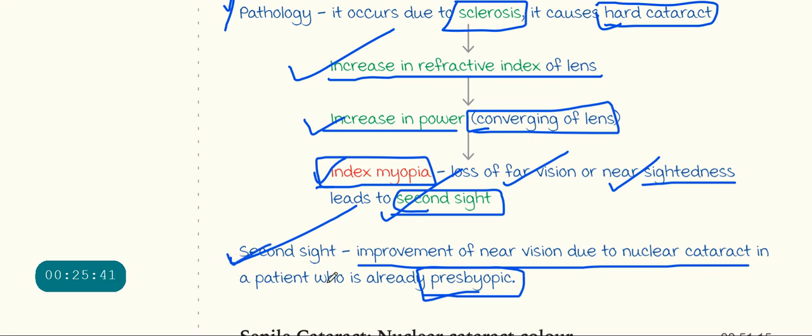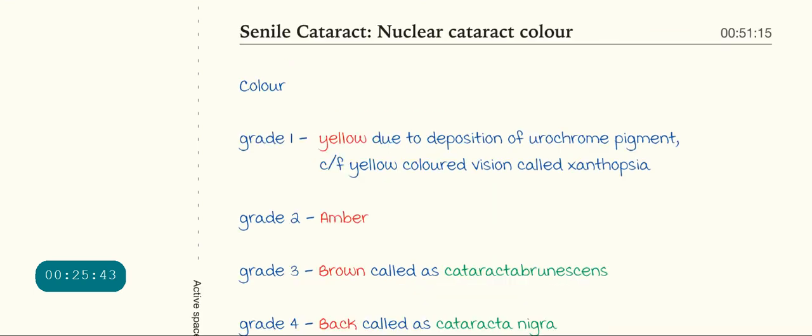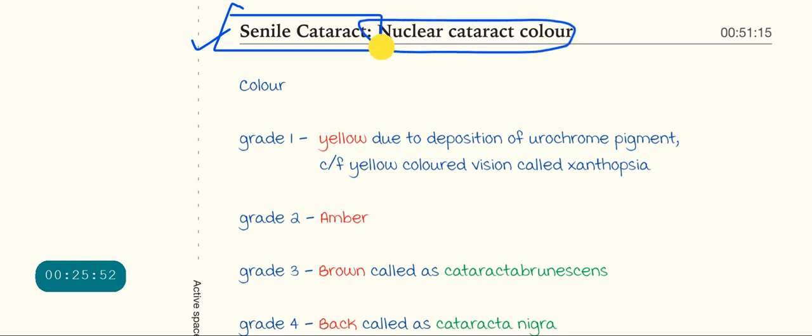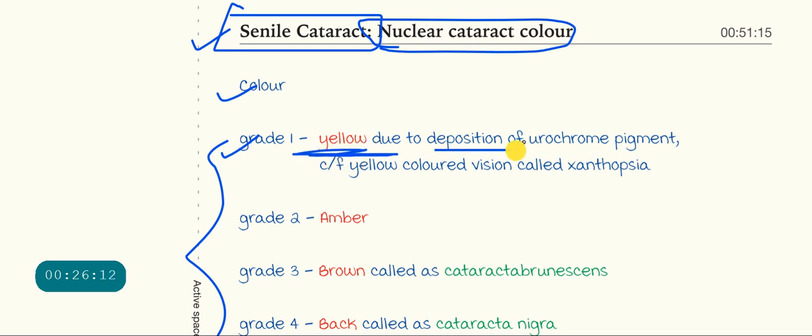The next and foremost thing in senile cataract is nuclear cataract colors. Basically the colors are of four grades: grade 1, grade 2, grade 3 and grade 4. The grade 1 color is yellow, and this yellowness is due to deposition of urochrome pigment.